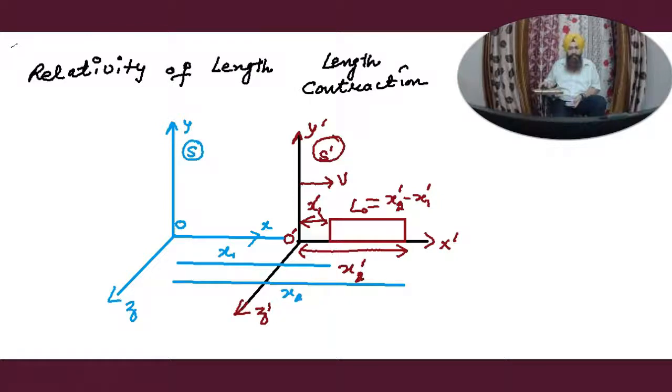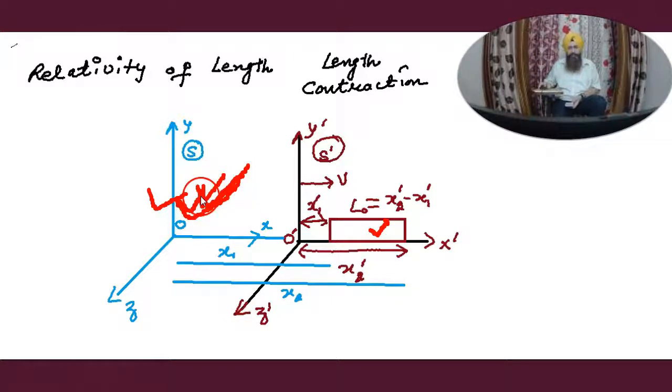To the observer of the frame S, the rod AB is moving with a constant velocity V, and its length as measured by the observer in S will be xb minus xa. For this observer the length will be non-proper, or we call it a moving length.